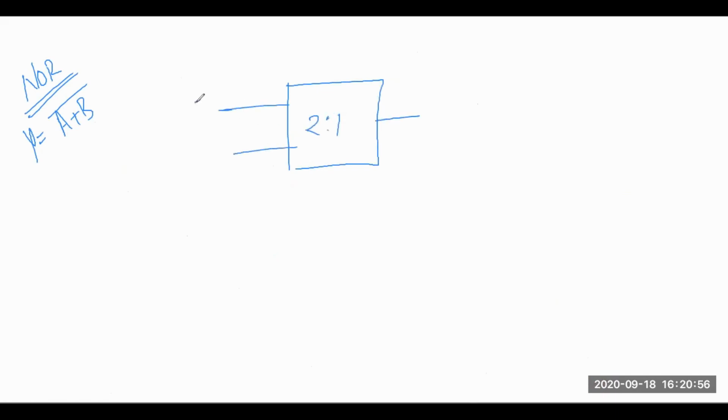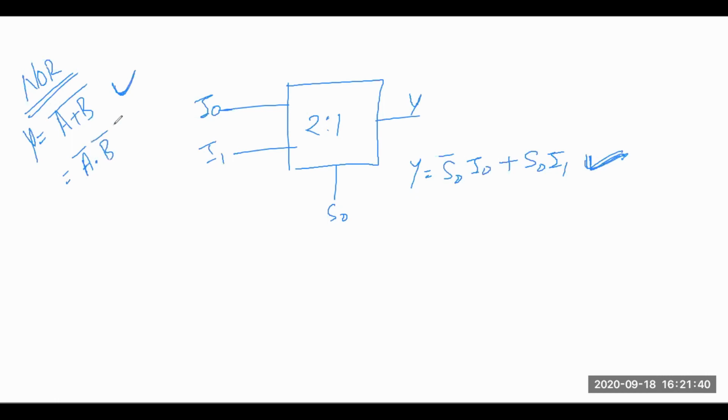Here it is I0, here it is I1, output is Y, and one select line, and the conventional expression is S0 bar into I0 plus S0 into I1. You need to think how you can change this expression into A bar dot B bar. So basically you need to design A bar dot B bar.